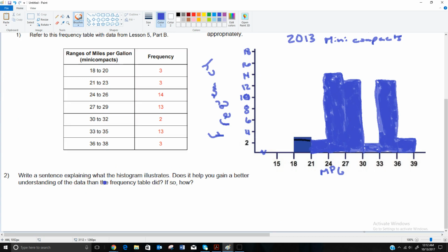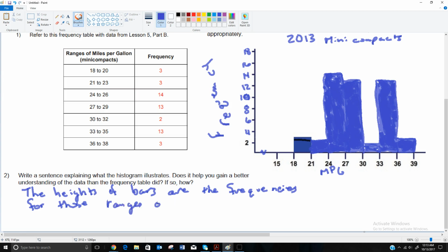So now it says, write a sentence explaining what the histogram illustrates. Does it help you gain a better understanding? So what it illustrates is the heights of the bars are the frequencies for the ranges of miles per gallon for the 2013 mini compacts.